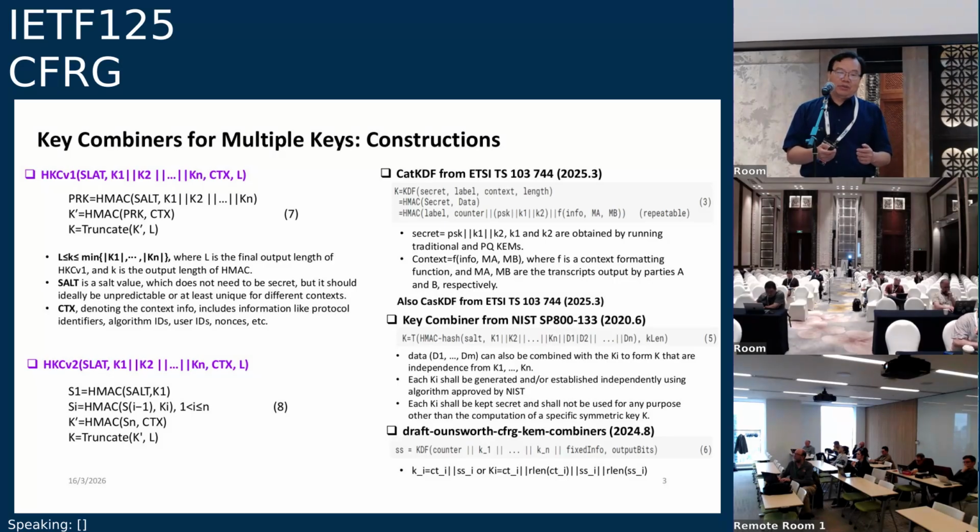We concatenate them together and use the extract stage of HMAC to extract the entropy and smooth it. We use HMAC twice so the randomness is distributed uniformly in our output key. Finally, we truncate the key to the length we need for the pseudorandom master key.